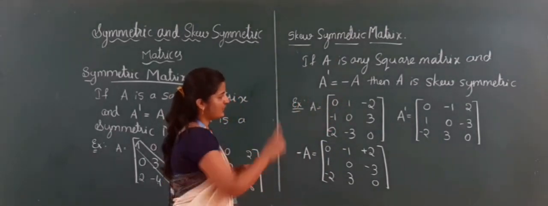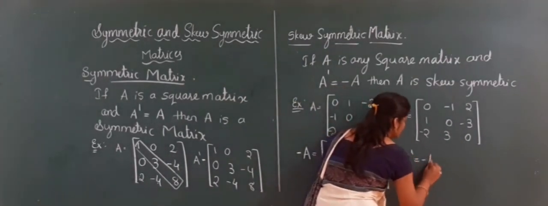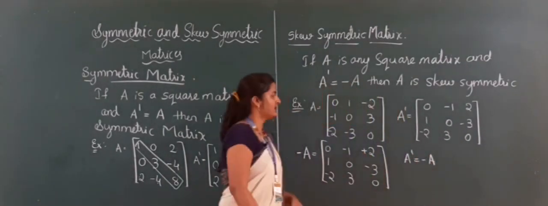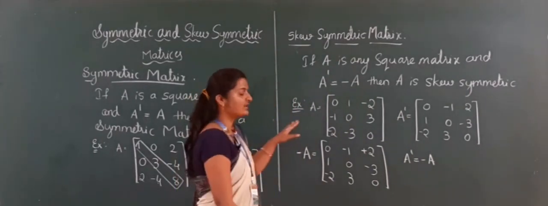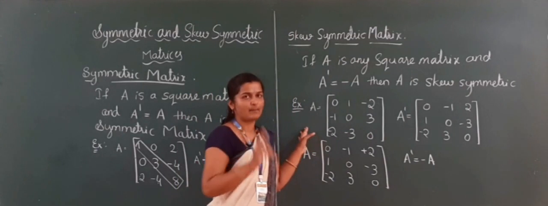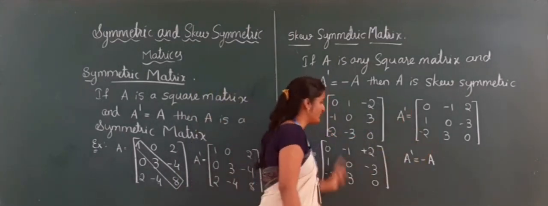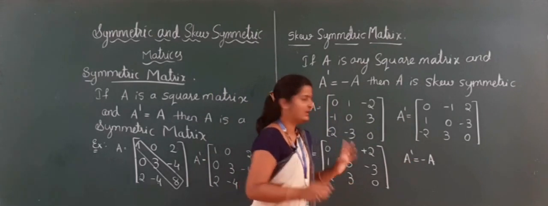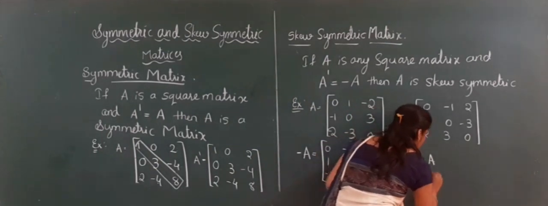See here, the transpose of A is equal to minus A. From this, we can say that A is skew symmetric. For skew symmetric, one condition is compulsory, that is, note, all the diagonal elements should be 0.